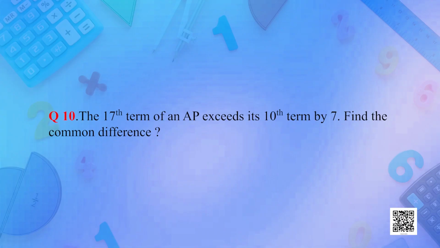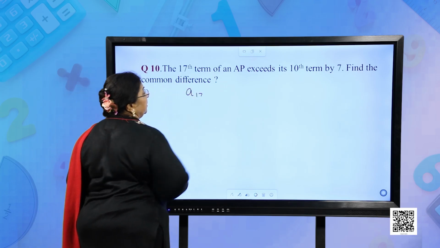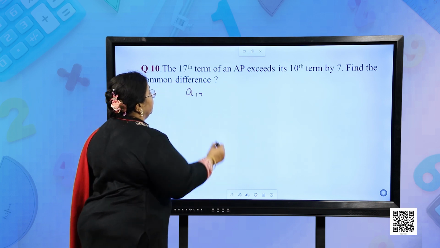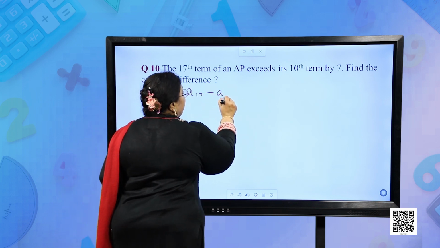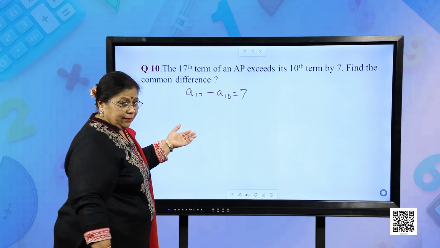The 17th term of an AP exceeds its 10th term by 7. Find the common difference. Okay. What is the 17th term? Shall I write it as A17? It exceeds the 10th term by 7. Is it clear?